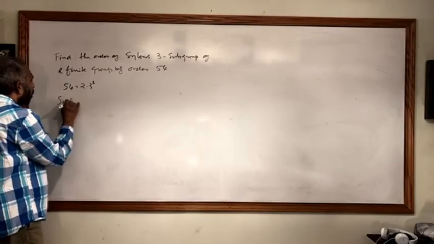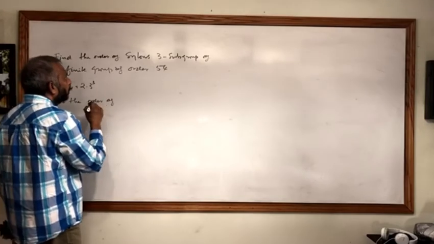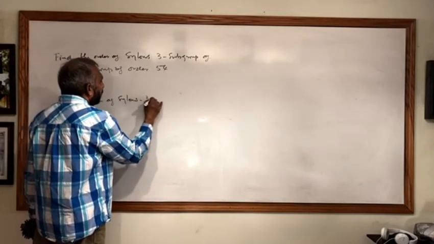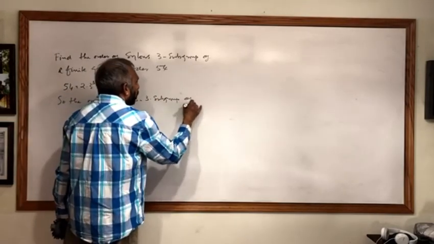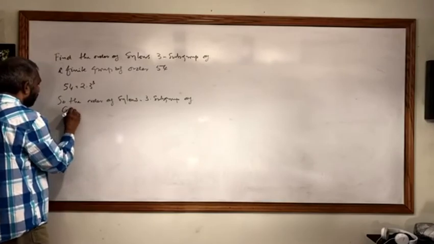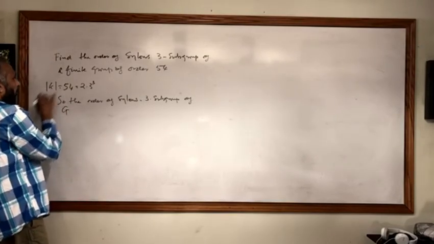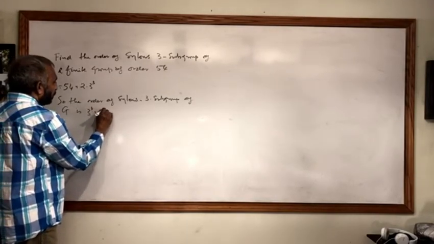So the order of the Sylow's 3 subgroup of G is 3 cubed, that is 27.